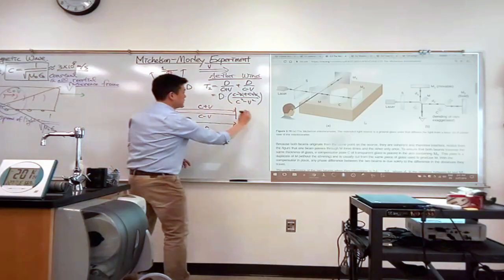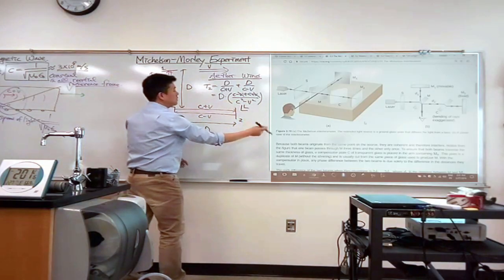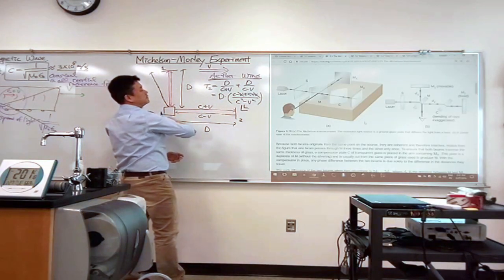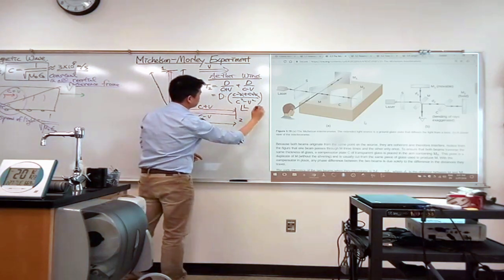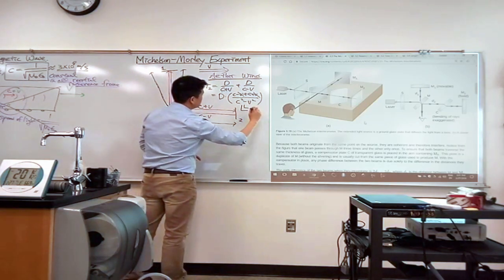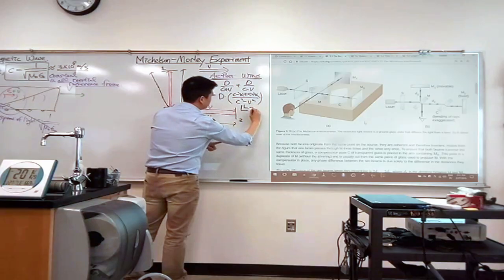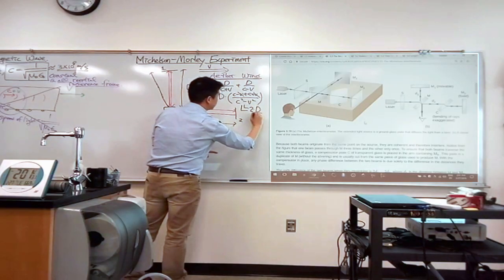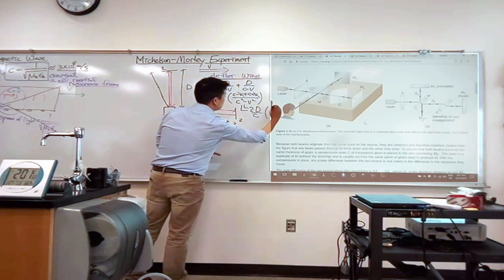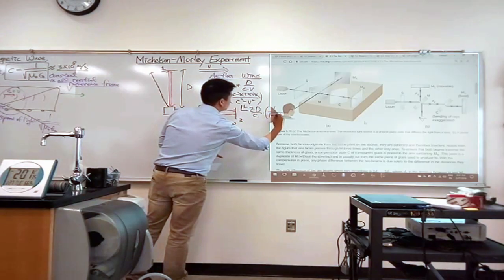So let me actually write that out. That's going to be, and then factor out c, 2 times d over c times 1 over 1 minus v squared over c squared.